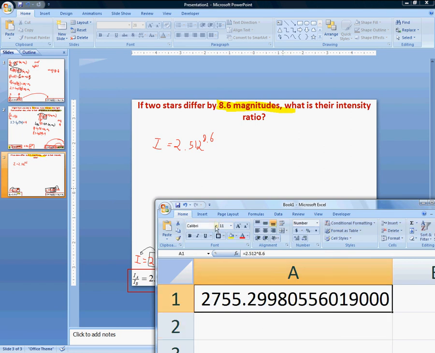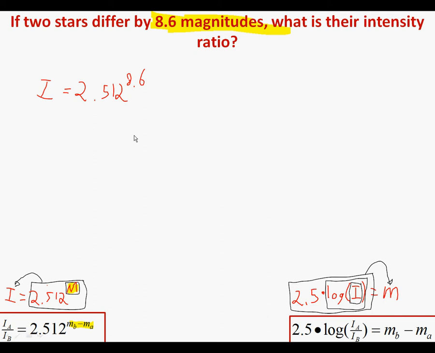Oh, we get a 2755 point, I'm going to say 0.3. Alright, so that's what we get in terms of an answer to this.